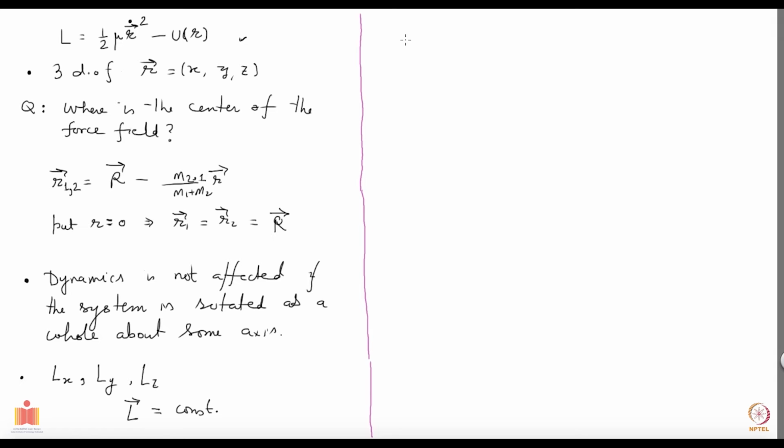So L cannot be determined from whatever we have talked about till now, because that is going to be determined by the initial conditions, or by how you prepare your system. I hope this is clear.